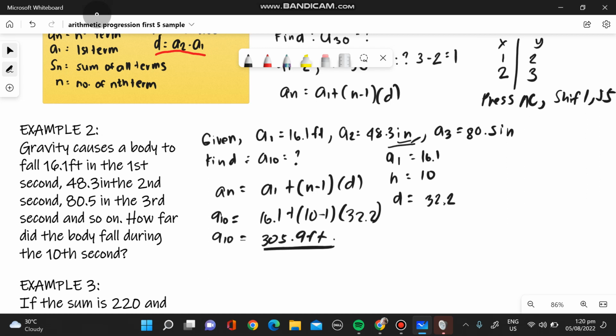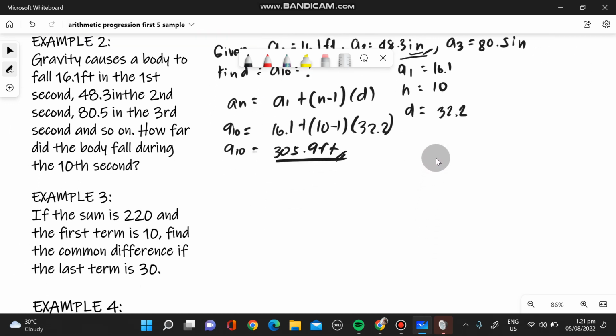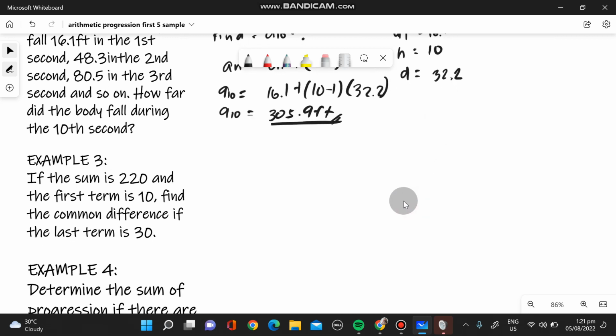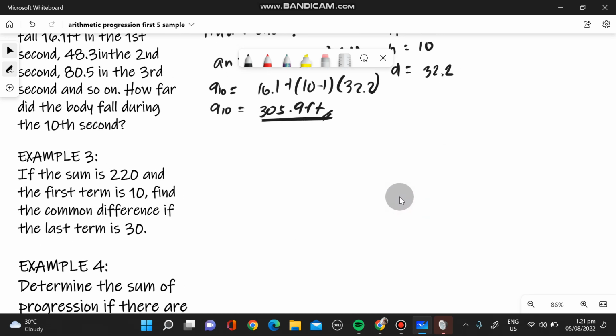So that is our final answer. This one is also compatible with the calculator technique presented in our first problem. So it's up to you to check it. It will be your task.